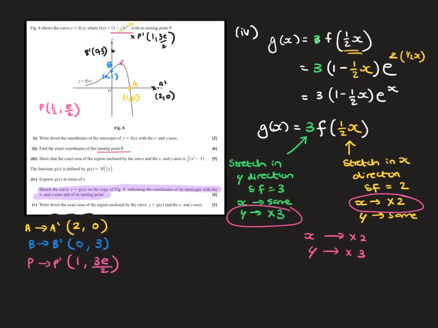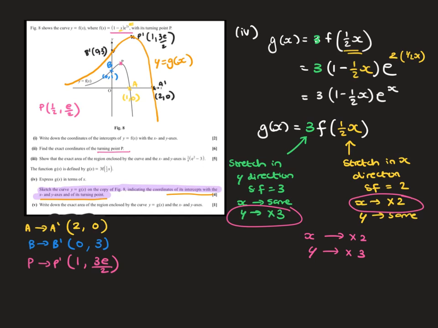And then, of course, we can sketch the curve running through these points, has a similar shape to the original curve. There we go. So that is y equals g of x, and we've indicated the coordinates of the intercepts and of its turning point as well.